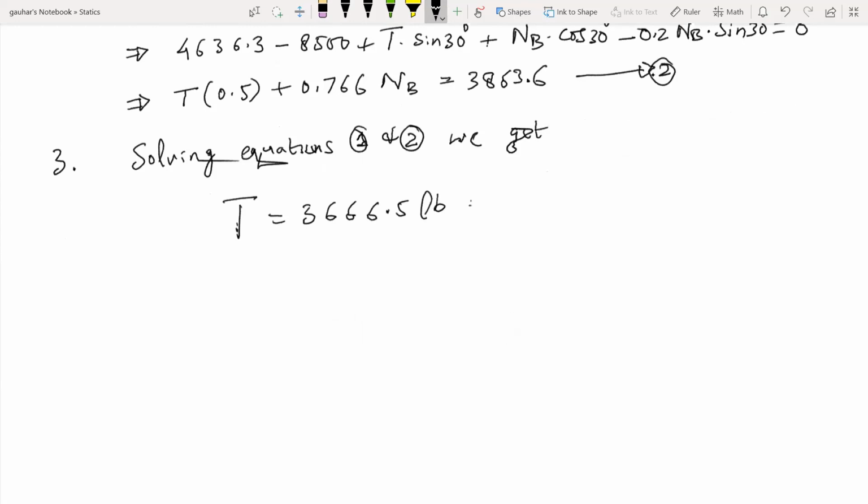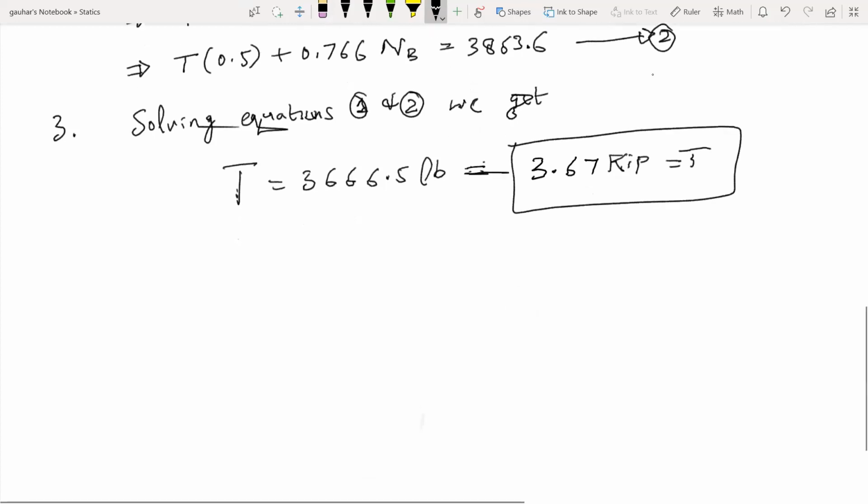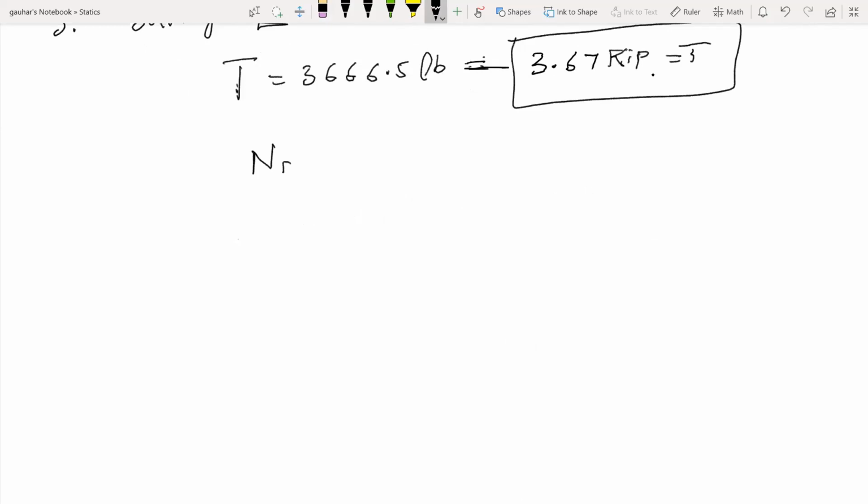Okay, or we can say 3.67. This is your T. Okay, and also we get N sub B, which is 2,650 pounds.